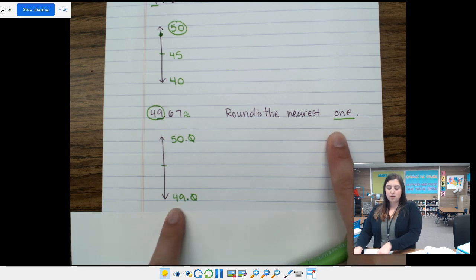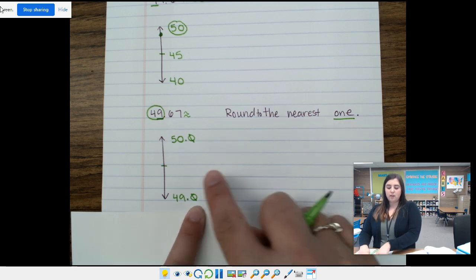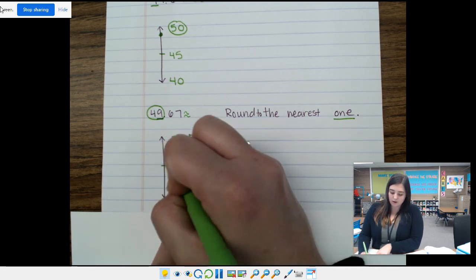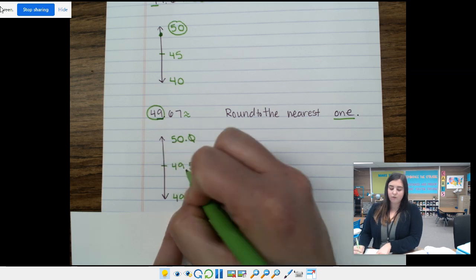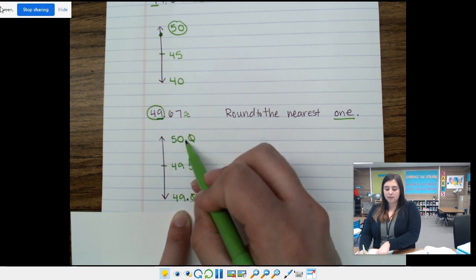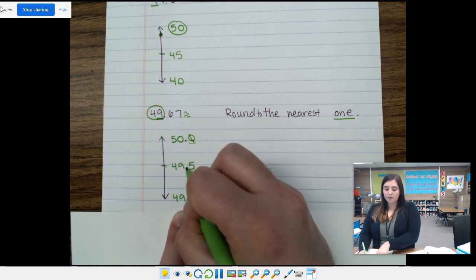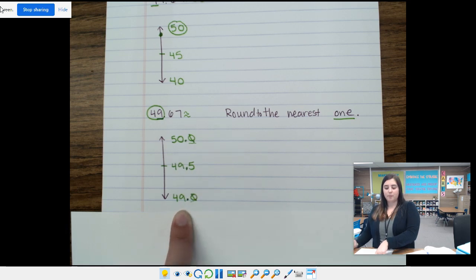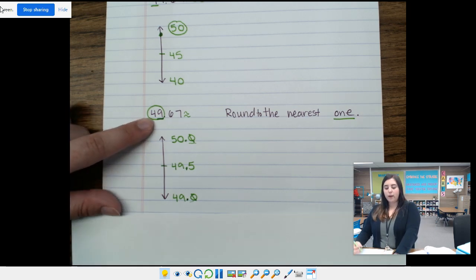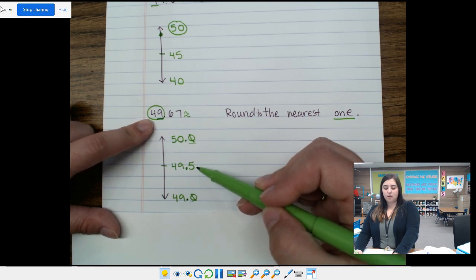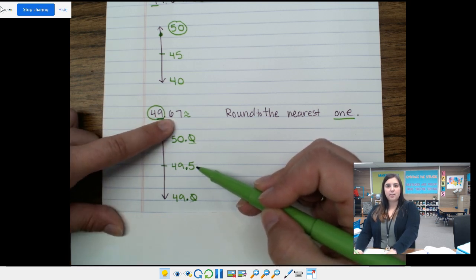So now what's in between 490 and 500? 495. And because I had a decimal and then a number, a decimal and then a number, I'm going to keep my decimal in that same place. So I have a decimal, then one more number. All right, and the last part, where would my number go in comparison to that midpoint? 49 and 6 tenths.